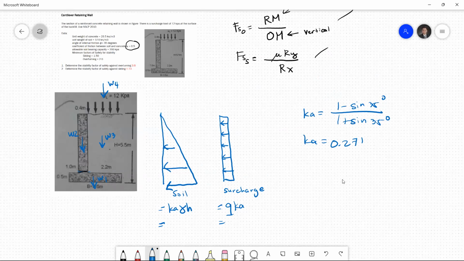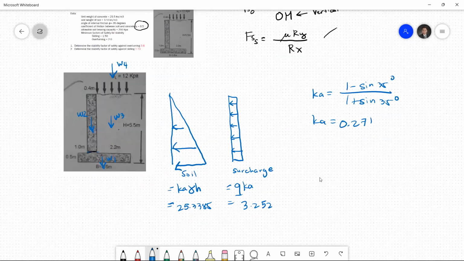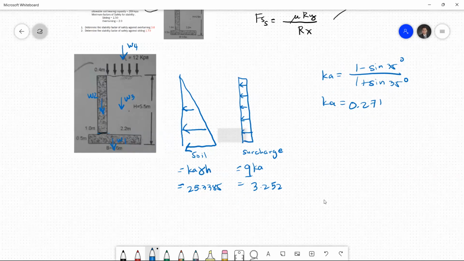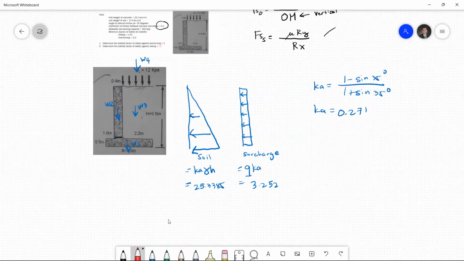That gives 25.3385. And your Ka Q is 3.252. So these will be our lateral forces. We call this one P sub 1, and this one P sub 2.